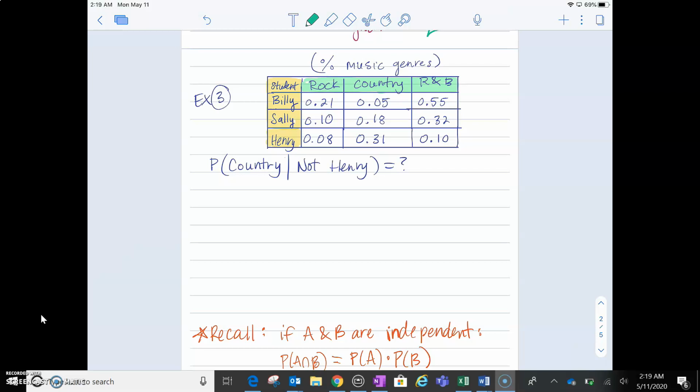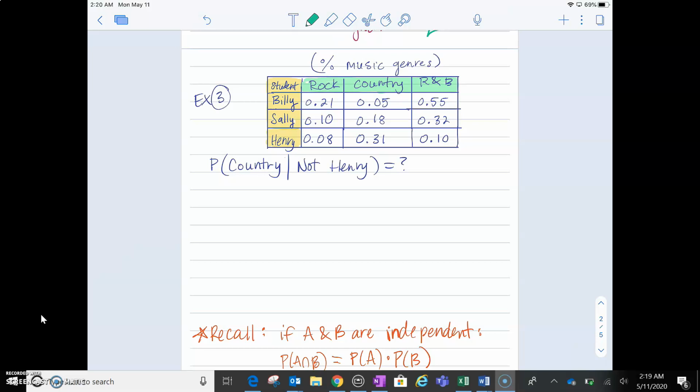This is a survey taken of 3 students, Billy, Sally, and Henry, and they were surveyed to see what percentage on their iPod, or I think the actual thing said MP3 player, that's funny, so basically for their iTunes or whatever, what's the percentage of rock music, country music, or R&B for each kid?